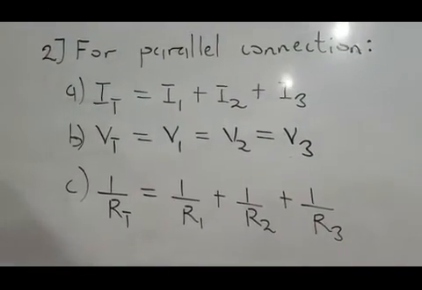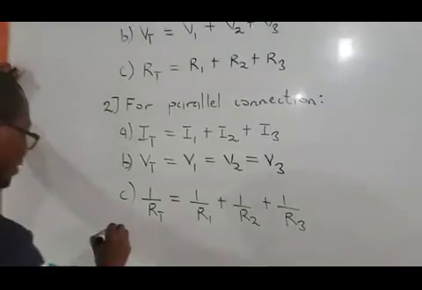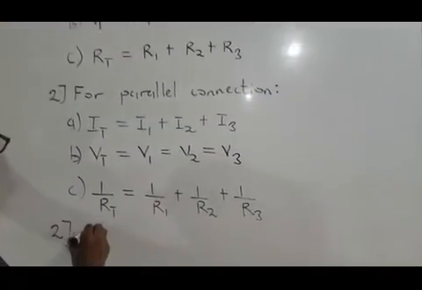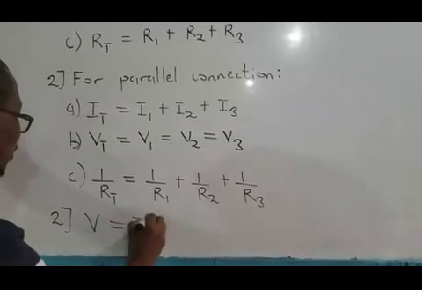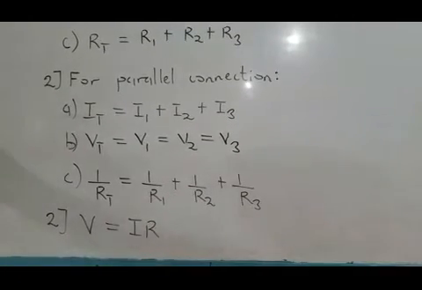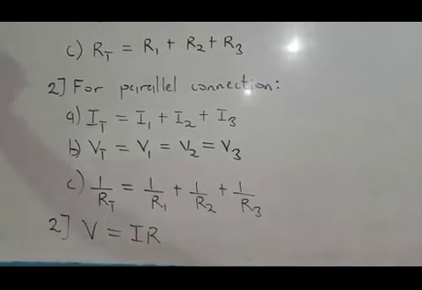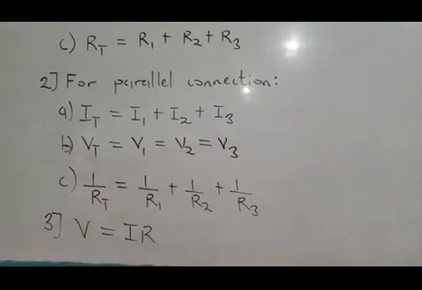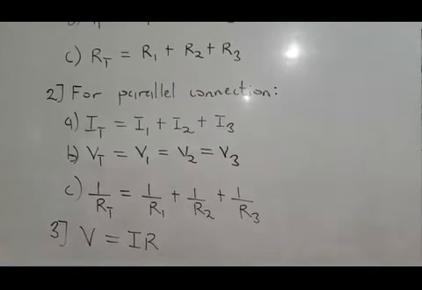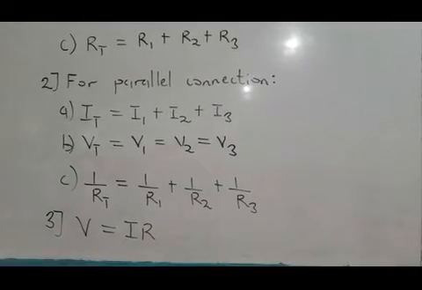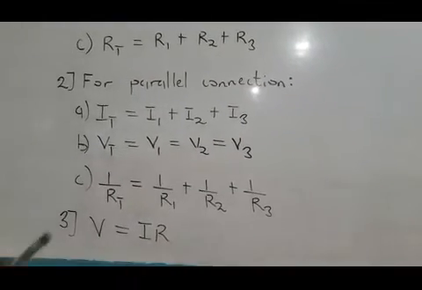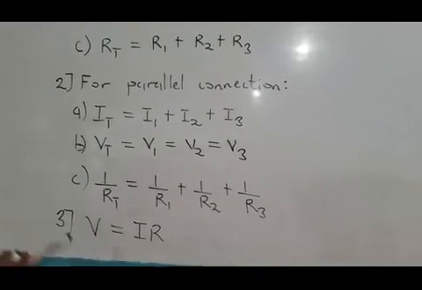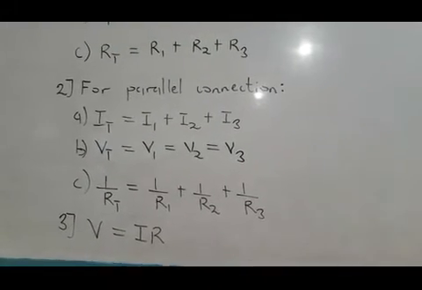Okay. And then today we've looked at Ohm's law. From Ohm's law, the voltage is equal to IR, current times resistance. So that becomes our equation 3. So we make use of the equations under series connection, the equations under parallel connection, and lastly, the equation from Ohm's law.